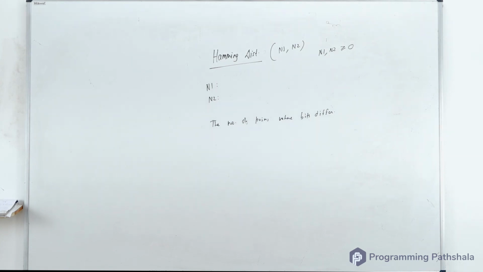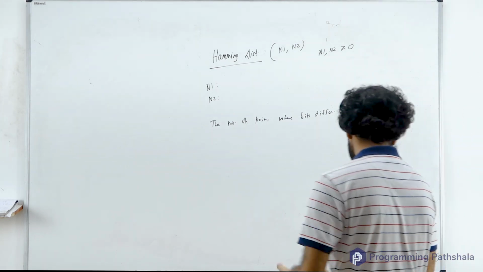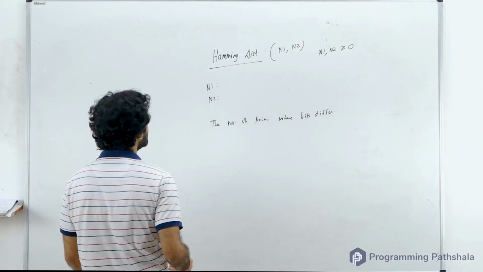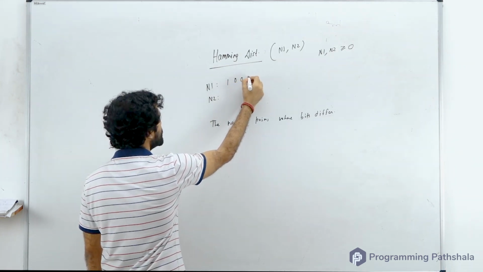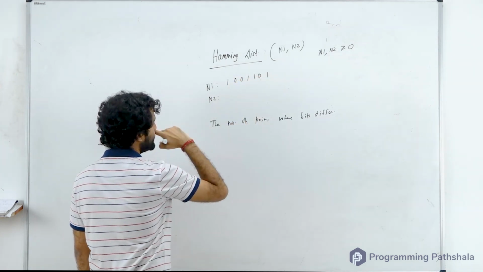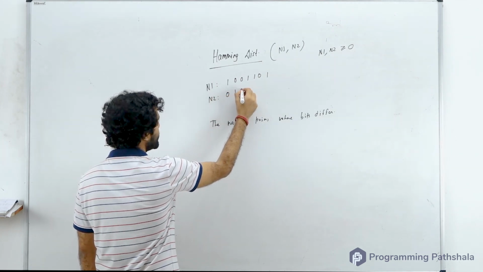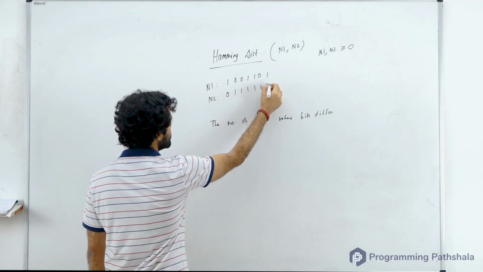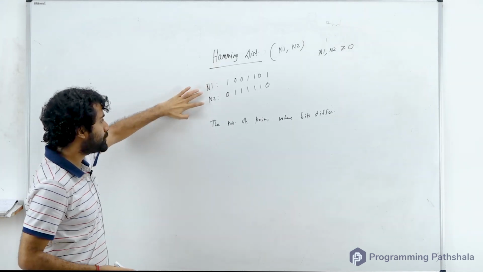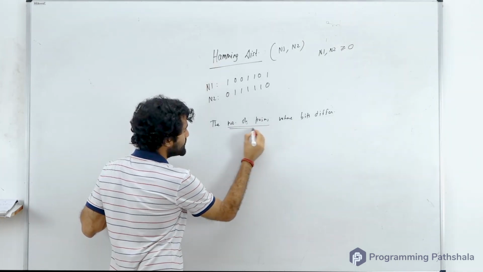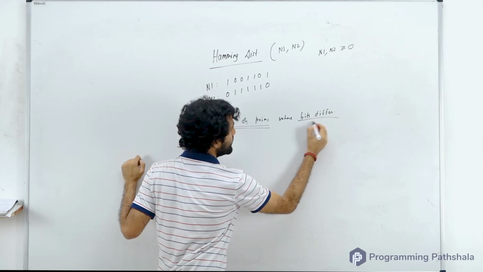Okay, I'll take an example, maybe that can help. So let's say the binary representation of n1 is 1 0 0 1 1 0 1, and the binary representation of n2 is 0 1 1 1 1 1 0. If I have to calculate the Hamming distance between n1 and n2, then as said, the number of positions where bits differ.